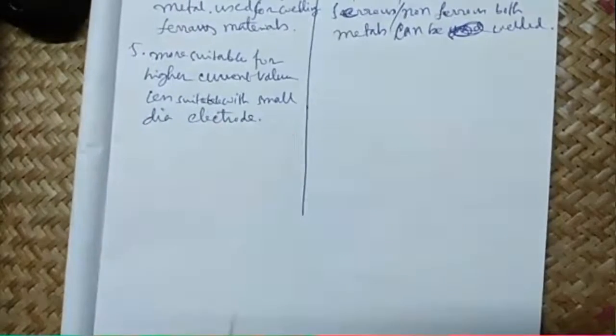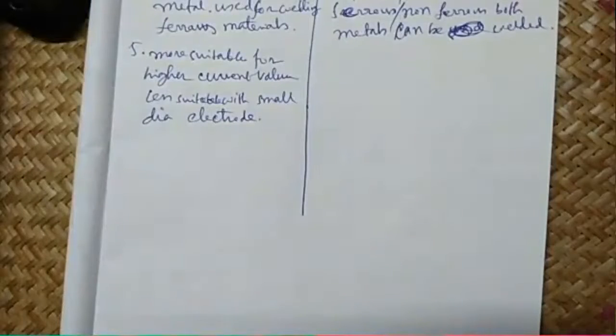So when our requirement is very less, but accuracy is much higher, we require, then we always go for DC.